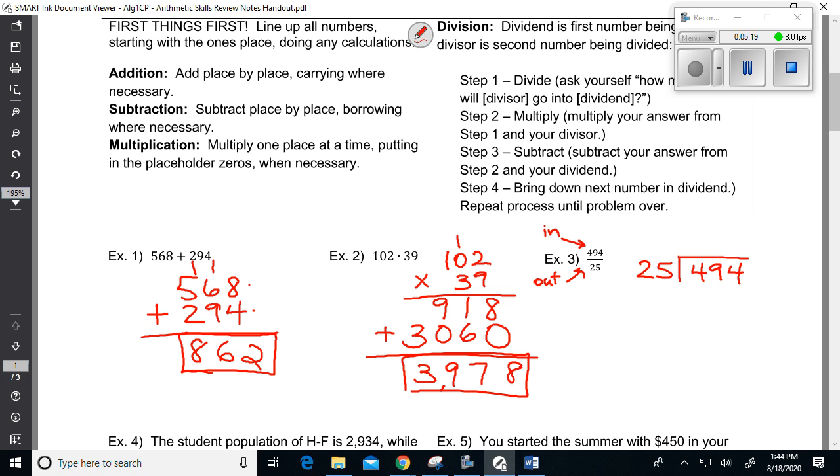Then we start dividing. So 25 doesn't divide into 4, but 25 will divide into 49 one time. 25 times 1, 25. 25 times 2, 50, too big. 1 times 25, 25. And if you subtract, get rid of this just so that it's not confused with division, you get 24.